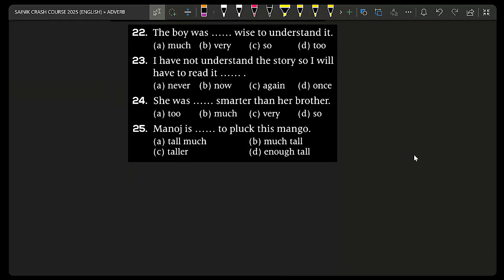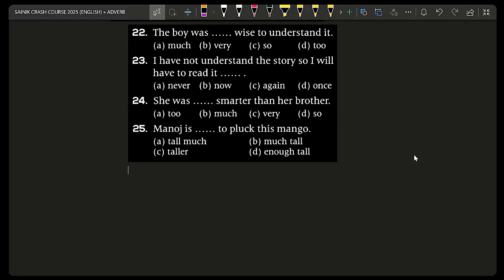Yes, Saharsha, read the 22nd question. The boy was dash wise to understand it. Yes, every. The boy was every. Where is every? Every is not there now. Very, sir. The boy was very wise to understand it.